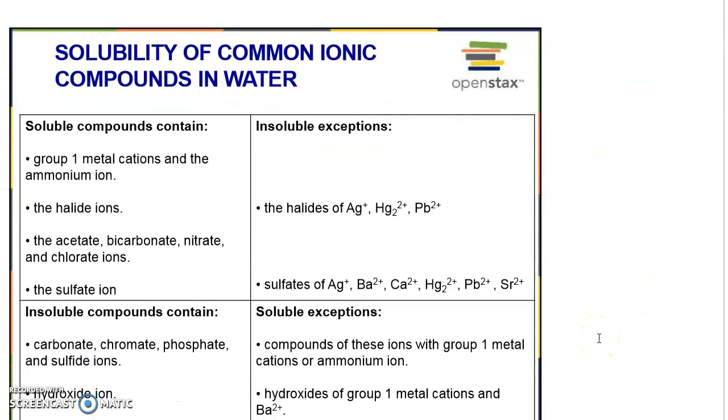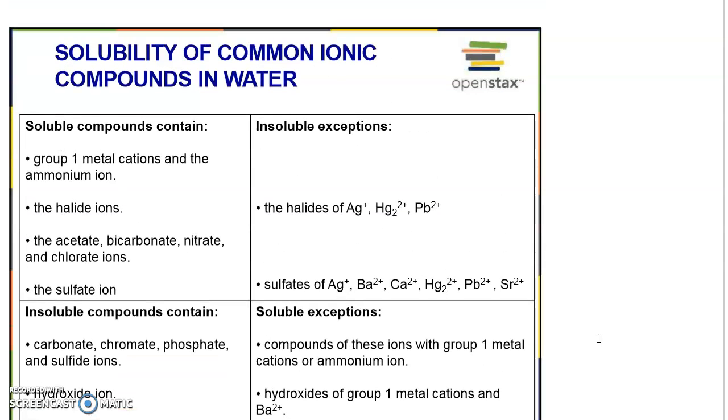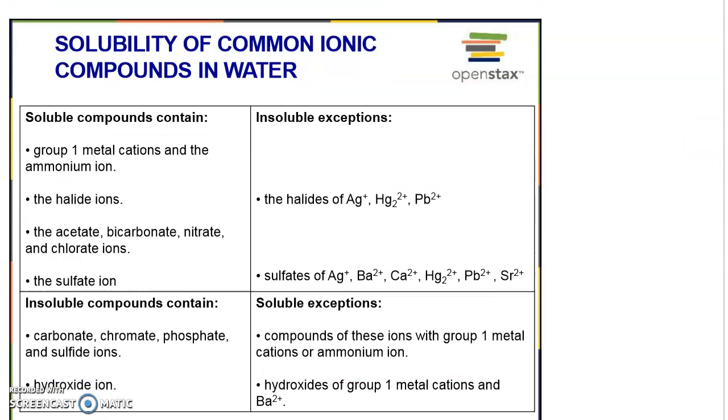So how do I know which ionic compound is soluble and which is not? Okay, so we have a chart over here, and if you always compare to this chart, yes, we can tell. Let's look at it. Over here it says group 1 metal. Okay, group 1, so that is the alkali metals. Group 1 metals will always be soluble, and ammonium ion, so that is NH4 plus.